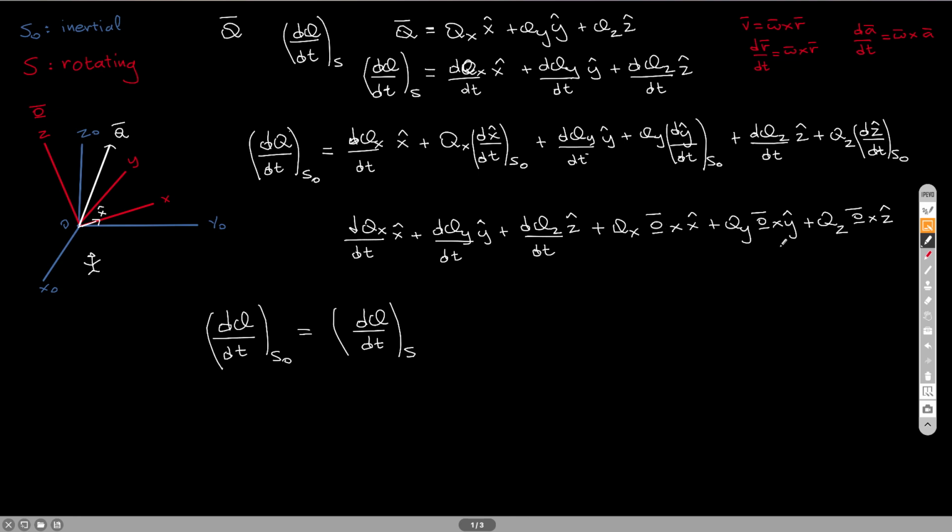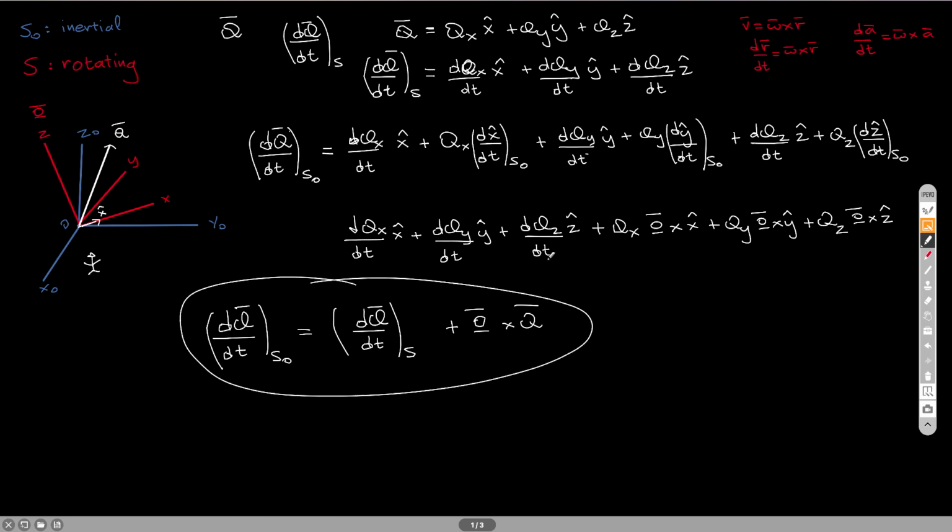Now, another way to write this is omega cross q. And I forgot, these are vectors, q is a vector. So that's it. This expression is how you can take a time derivative of a vector in an inertial frame of reference. This is how you can connect the time derivatives in the two frames of reference.